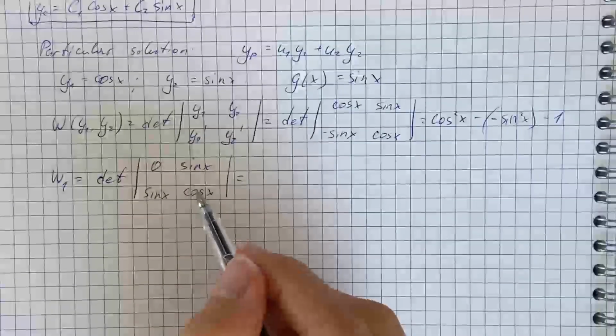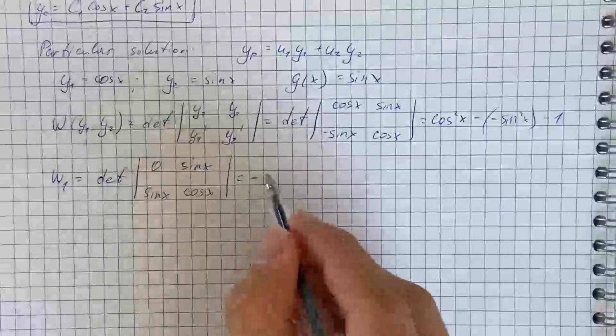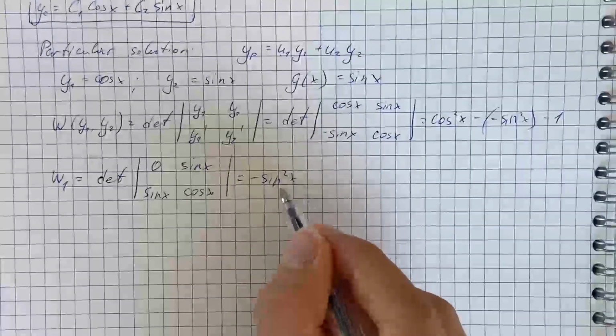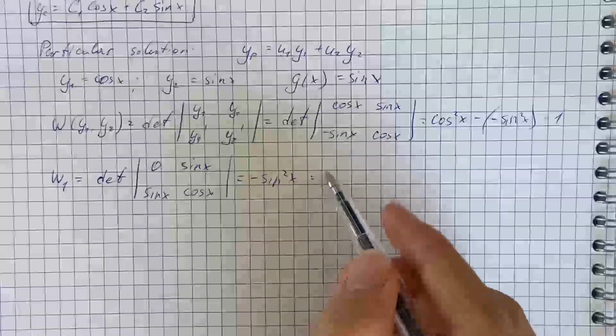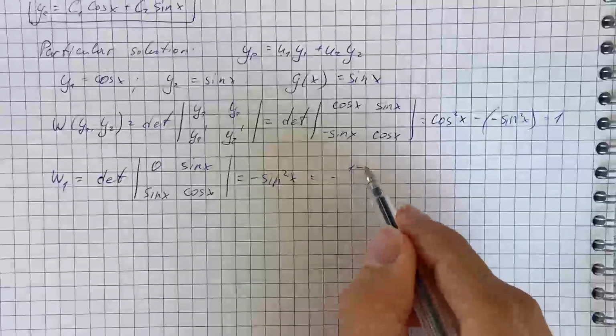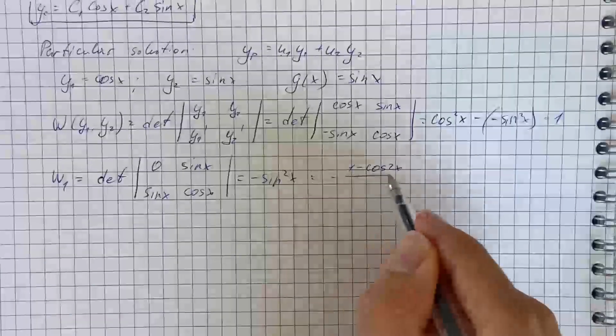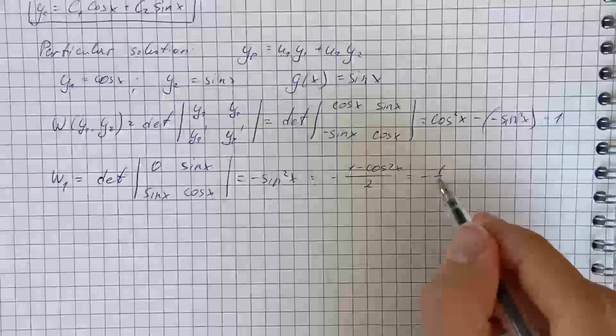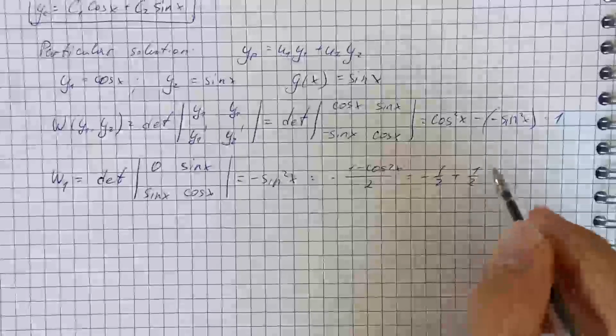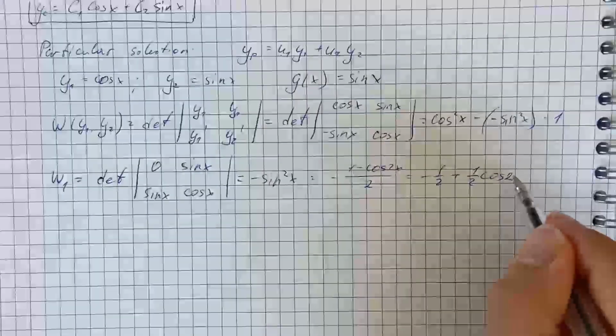Therefore that's going to be 0 minus sine squared of x, and if we want to get rid of the power, we can rewrite this as negative (1 minus cosine of 2x) over 2, and if we split this up we get negative 1/2 plus 1/2 cosine of 2x.